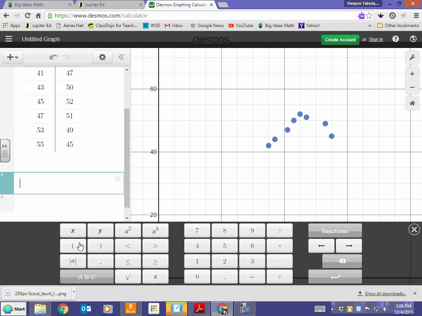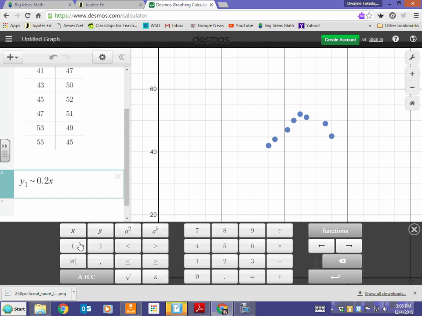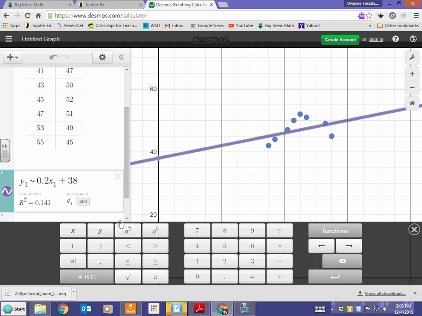And again, so I'm going to say y sub 1 tilde, or squiggle, if you want to call it that, 0.2x sub 1 plus 38. Okay, now, so first of all, we can see the data that has been plotted is not really a straight line. And we're trying to use a straight line here to model this. So that's not working out very well.